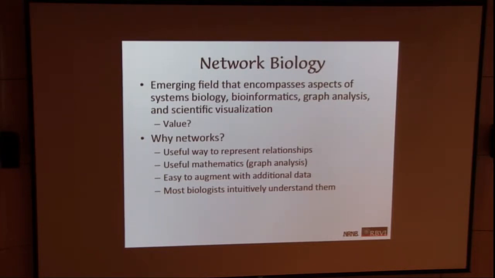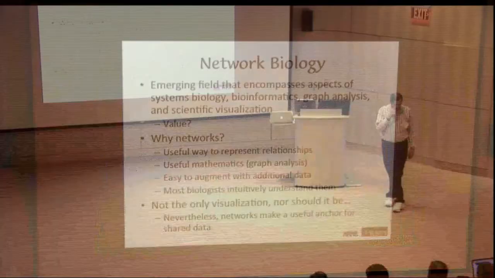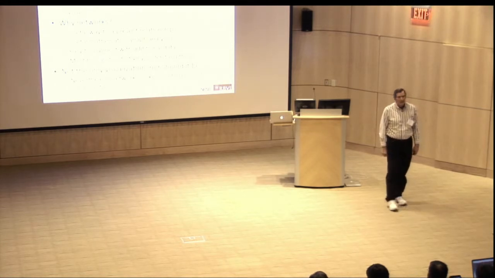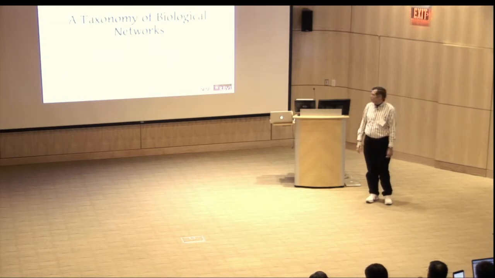If I put a network in front of somebody and I say, this is the protein and this line represents the relationship between proteins, it's like, oh, okay, I get it. And I just want to emphasize, this is not the only visualization that we use in this area. It's just really a useful one for anchoring some things.